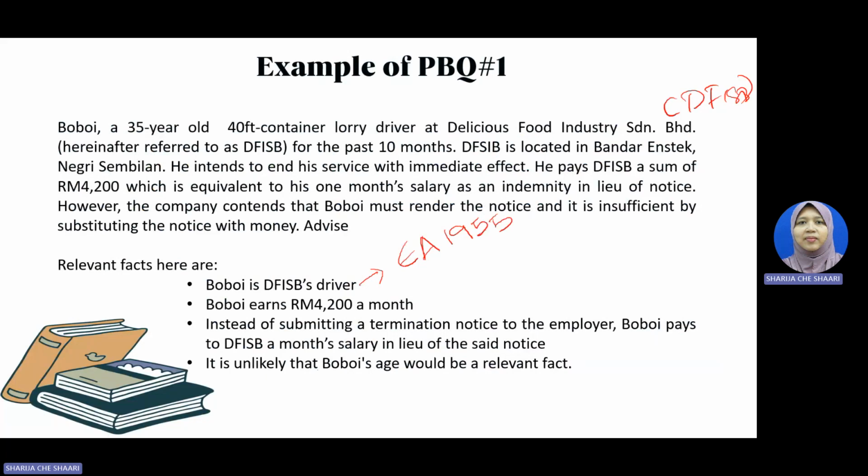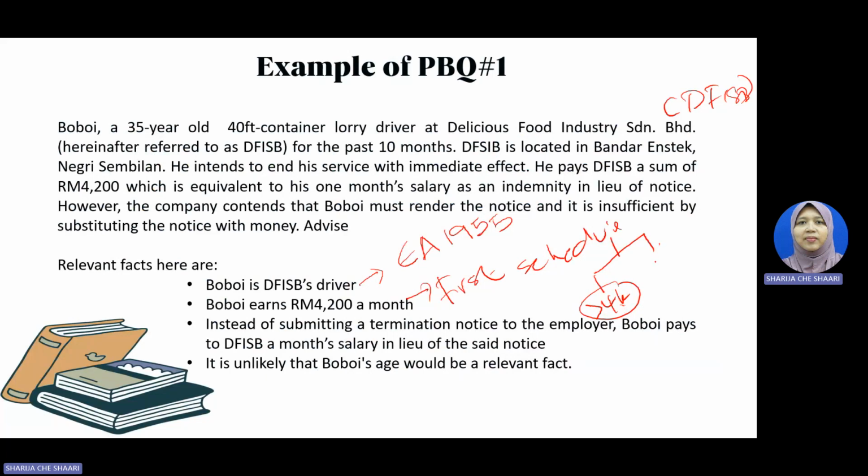When you refer to the First Schedule, it says that there are two categories. First is those under a contract of service whose salary is more than 4K. Even though you earn more than 4K, you are still entitled under the Employment Act, but there are certain provisions which are not applicable to those who earn above 4,000.